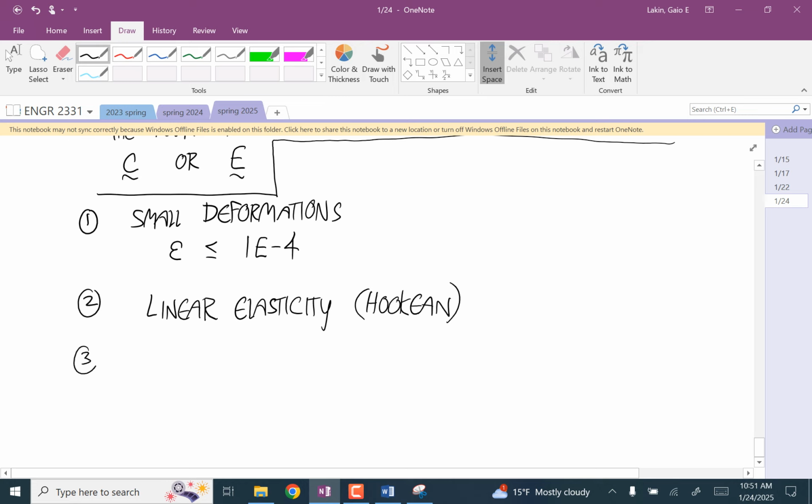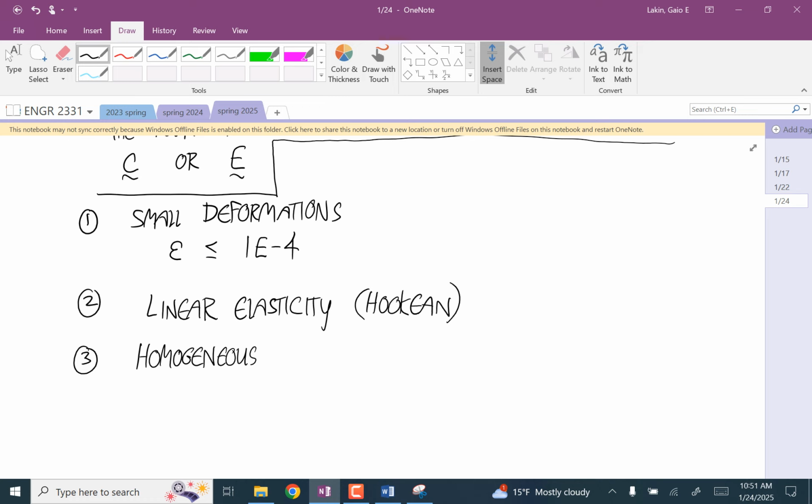The third one is the materials have to be homogeneous. So that means wherever you go in the material, the material is the same. You can't have pockets of one kind of metal embedded in another kind of metal, okay?